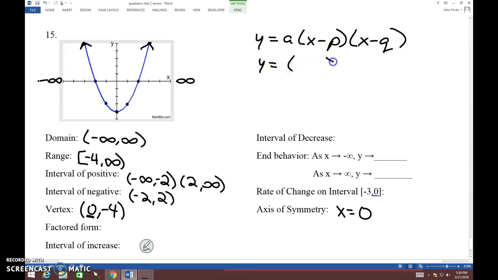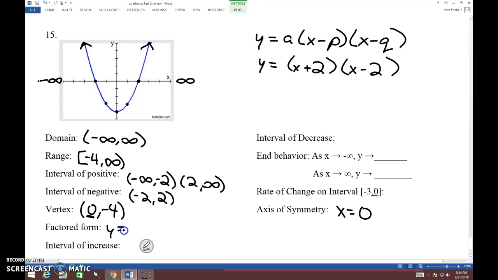So all we're going to focus on for this problem is going to be the x-intercepts. So here you notice that you have an x-intercept at negative 2 and an x-intercept at positive 2. So since we have a negative 2, we're just going to flip that around and say that it's positive 2 when we put it back in the parentheses, and then negative 2 whenever we flip the positive 2 over.